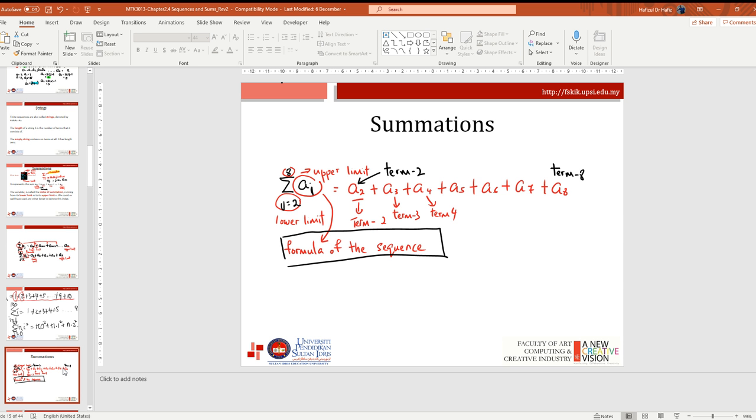This one is summation. Summation gives the output for each element of a given collection. For the formula, we have an upper limit and a lower limit. The lower limit is the first term, and then we have the formula of the sequence. ai is the formula of the sequence.